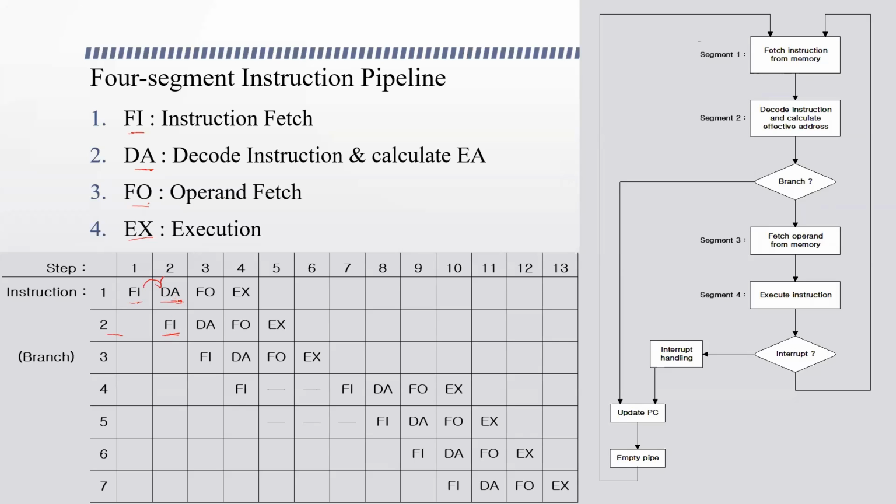Here decoding is an internal operation of the CPU. It is done inside the processor with the circuits for decoding available inside. There is no data transfer during the decode phase. But fetching the instruction needs a data transfer. It is not an internal operation.